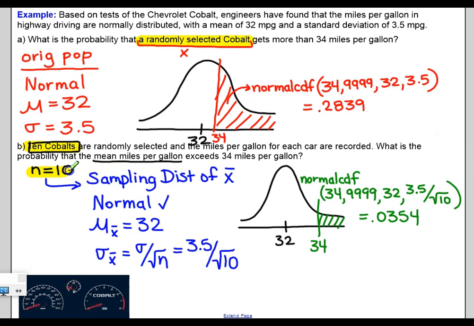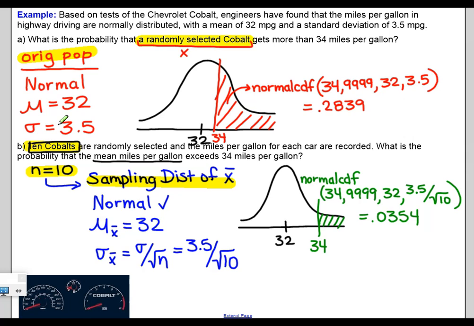So we have a sample of 10. So the first one, we're looking at the original population. The second one, we are looking at the sampling distribution. Okay, so you could read through those and see the difference, so you can start identifying that in your homework problems, especially on your test, because of course the test will have some chapter 7 problems and some chapter 8 problems, so you want to make sure you're able to distinguish between the two.